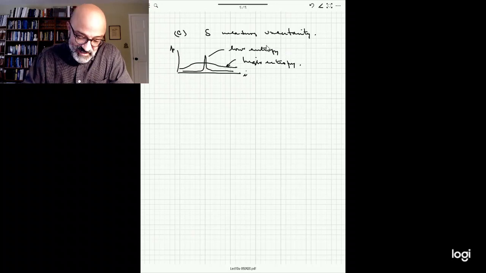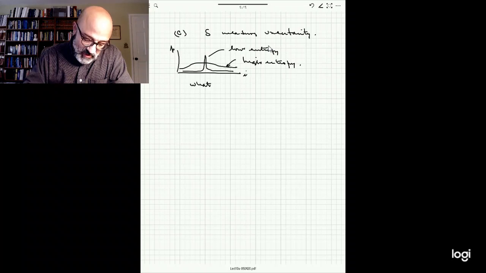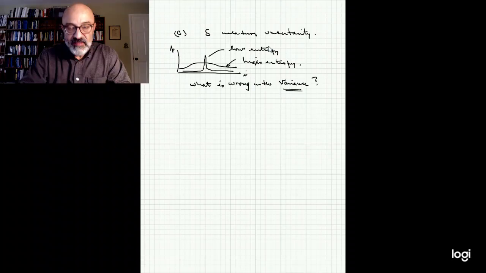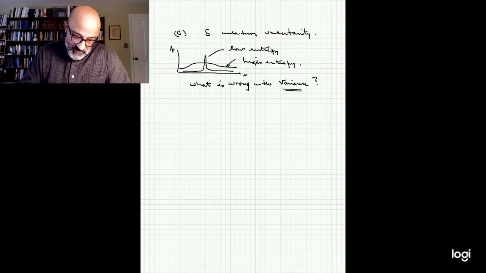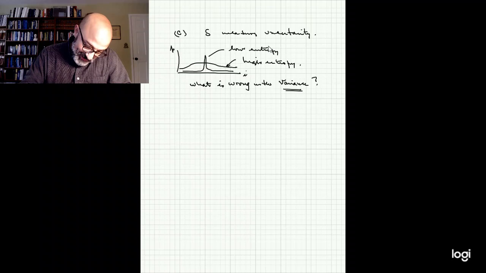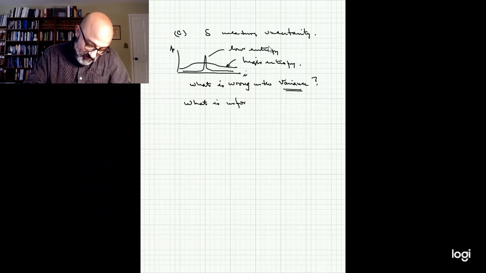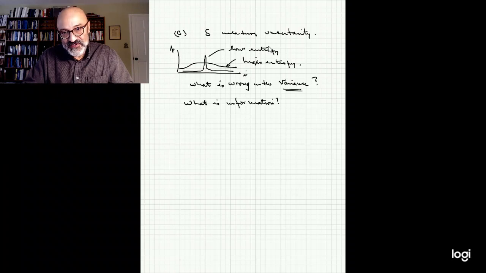Good question. What is wrong with variance? Very good. So you see, what's wrong with variance? The big question is, what is information? And answers go all the way from information is physical to information is this, information is that.